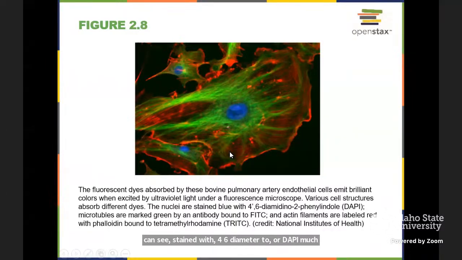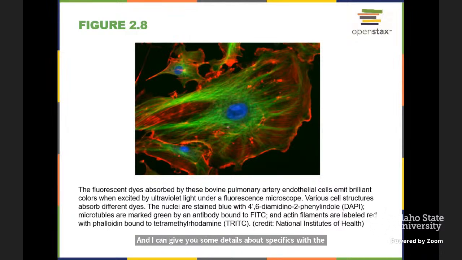The microtubules that we can see around here are in green, and this is FITC. And then actin filaments we've got in red, all right, with the tetramethylrhodamine, or TRITC, all right? So different structures showing up fluorescently through the microscope, and that can give you some details about specifics with the cells.